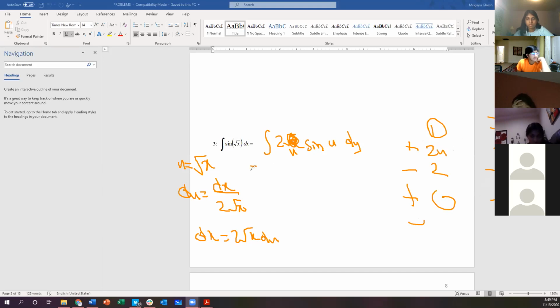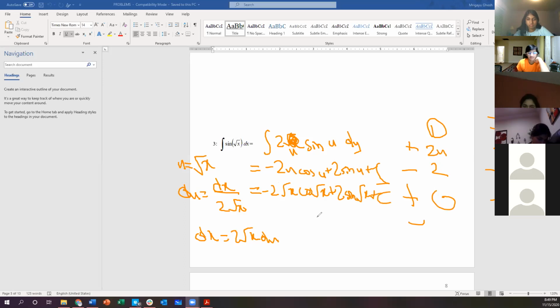So your integral will be minus 2u cos u plus 2 sine u plus c. You can plug in your u's. This will be minus 2 root x cos root x plus 2 sine root x plus c. Good? Okay.